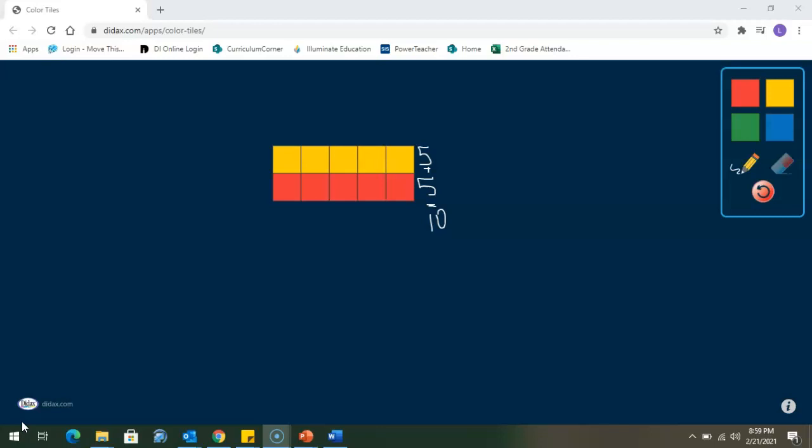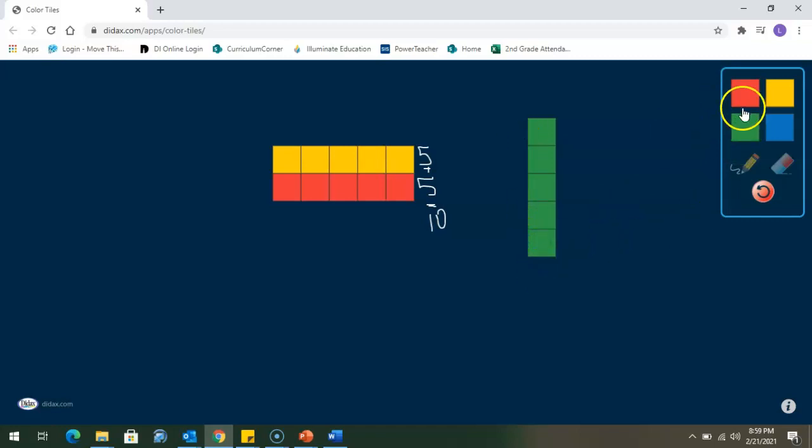So now, using the same 10 tiles, we're going to make 2 columns of 5. Remember, boys and girls, that columns go up and down. Let's see. 1, 2, 3, 4, 5.